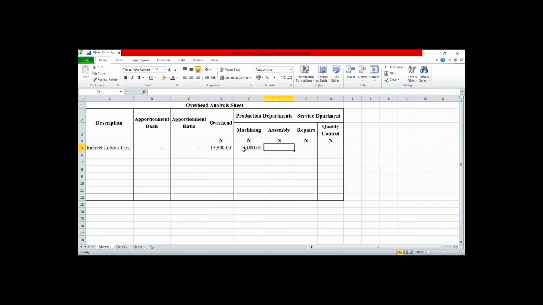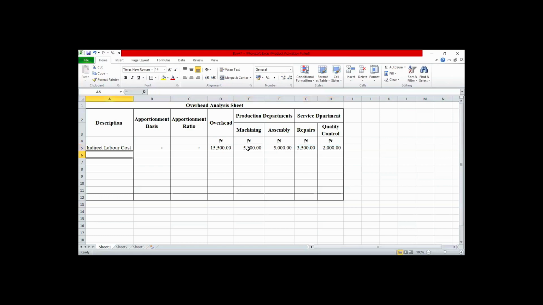Under repairs, 3,500. Under quality control, 2,000 naira. When we add this together, it must equal 15,500. Correct.